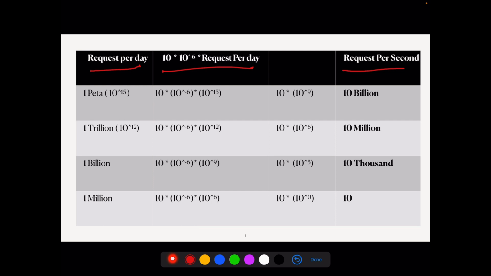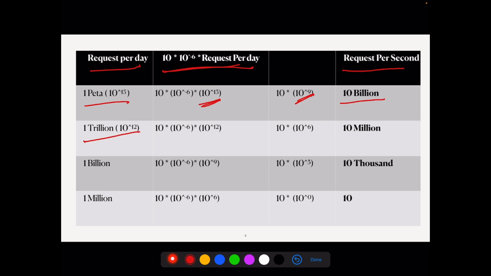So for 1 peta, how to represent peta? 10 to the power 15. If you use the same formula, just replace the requests per day, 10 to the power 15, minus 6 from 15, you will remain with 10 into 10 to the power 9. 15 minus 6 is 9. 10 to the power 9 is 1 billion, and you multiply it by 10, so it becomes 10 billion.